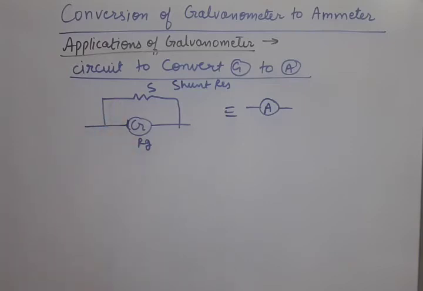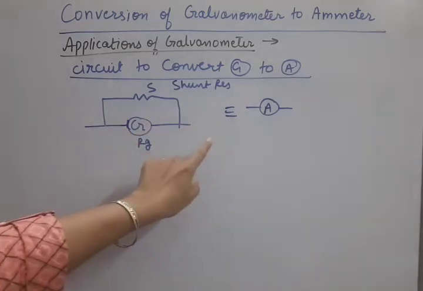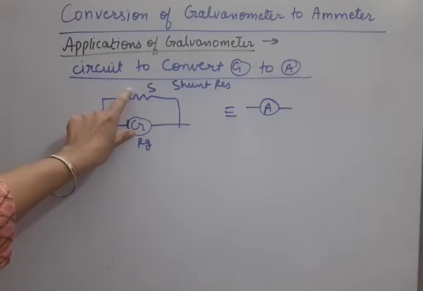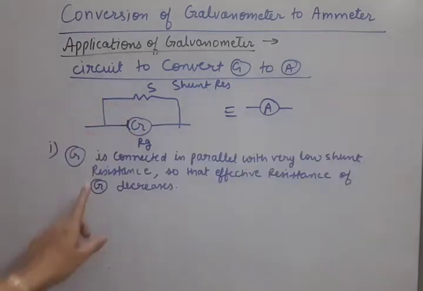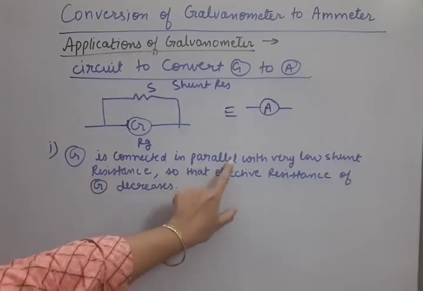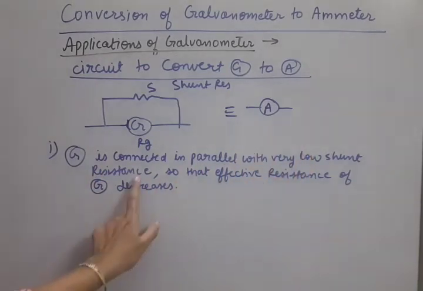So that's why the first problem is solved: the galvanometer's resistance we have decreased to almost 0 by connecting it in parallel with a shunt, a low resistance. The galvanometer is connected in parallel with a very low shunt resistance.